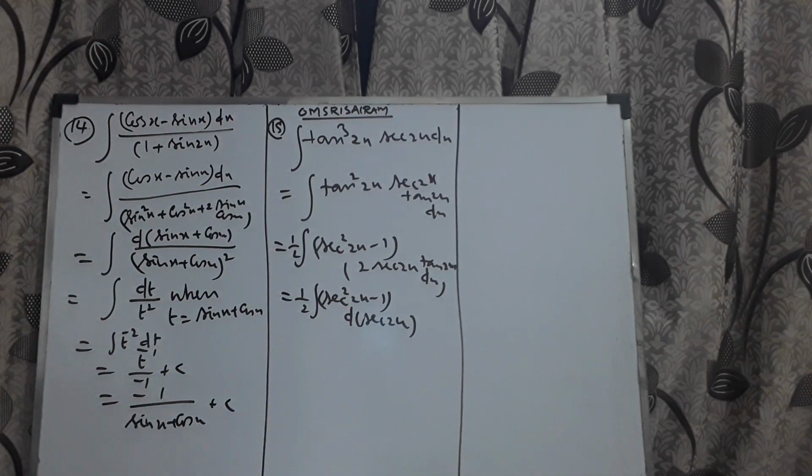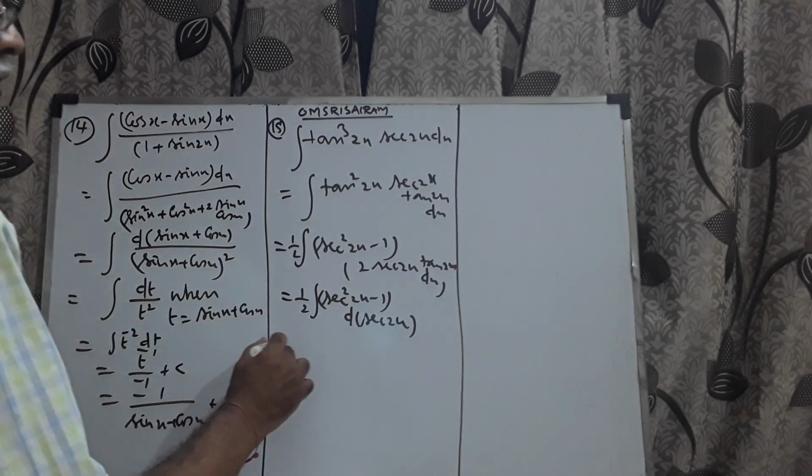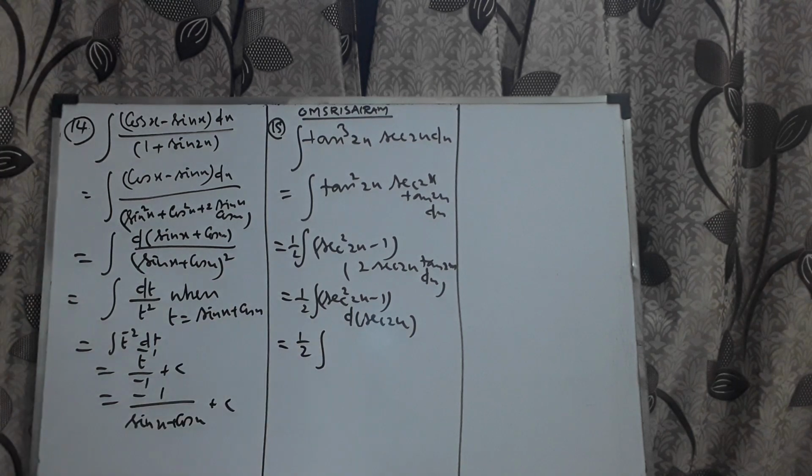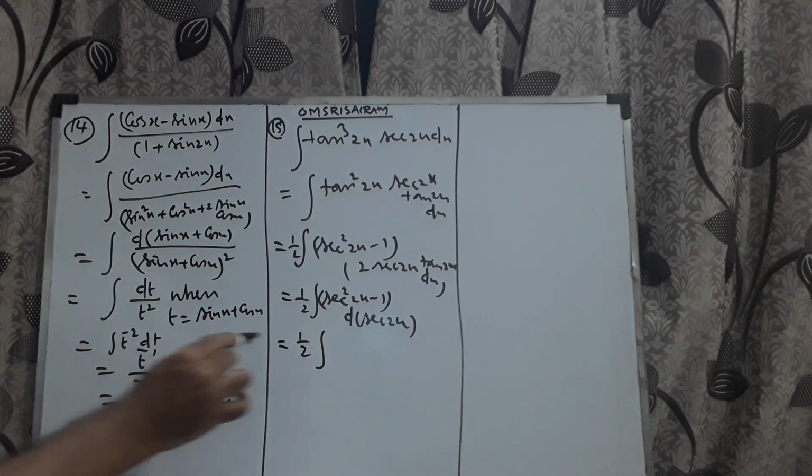d of secant 2x is secant 2x tan 2x into 2 into dx. Wherever I have d of, I should multiply dx. Remember carefully: if it is in terms of x, dx; in terms of t, dt; if it is in terms of y, multiply dy also. Whatever is given as d of will be my substitution.